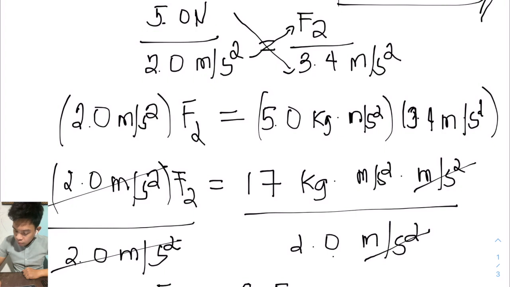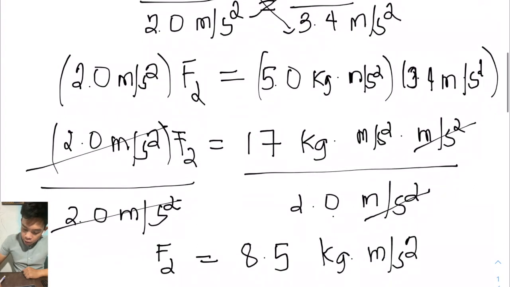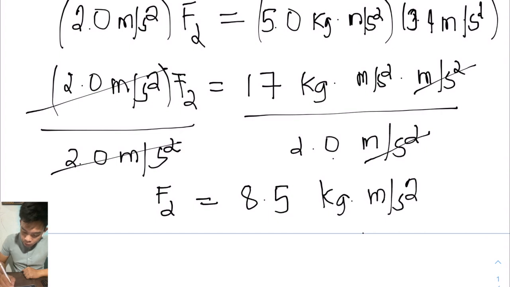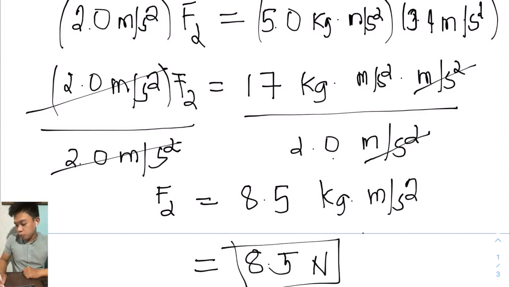Is it kilogram meter per second squared? Right, kilogram meter per second squared, or our equivalent unit, our F2 is equal to 8.5 newtons. Let's recall our concept.